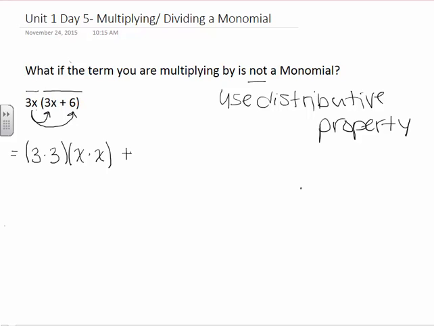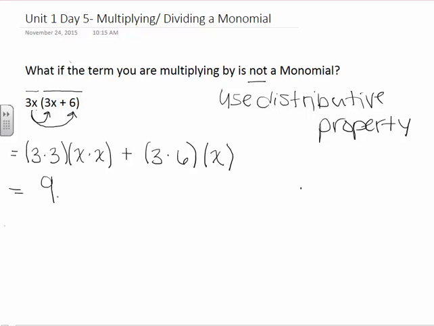and then plus 3x times 6. We just multiply our numerical coefficients together, and then finish with our variable coefficients. Since the 6 does not have a variable, we leave it as x.